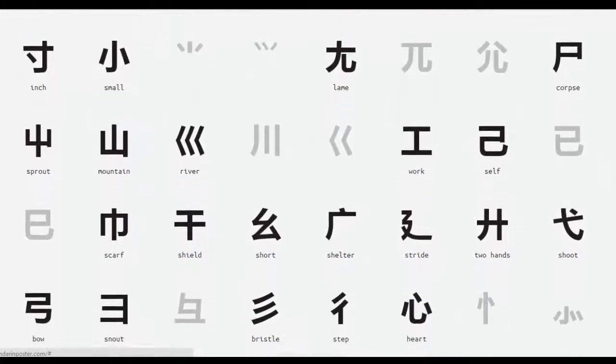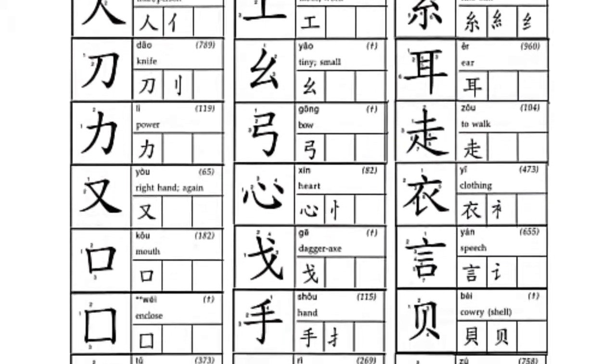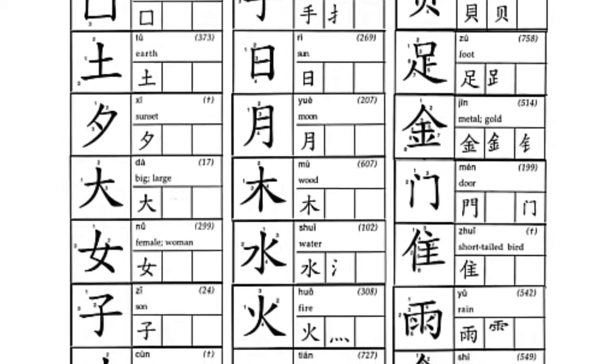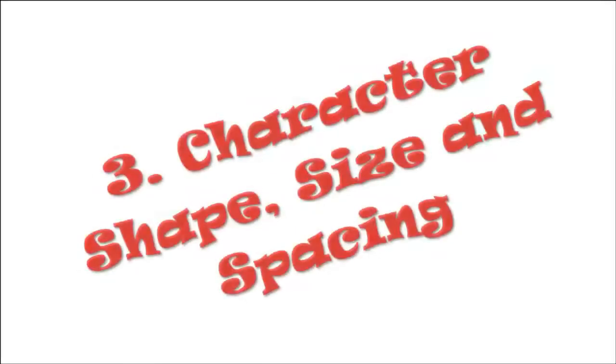Most radicals have a fixed meaning, and they bring in the meaning to the characters in which they occur. For example, 火 means fire and is a character in its own right. And when 火 functions as a radical, it brings the meaning of fire into the other characters.